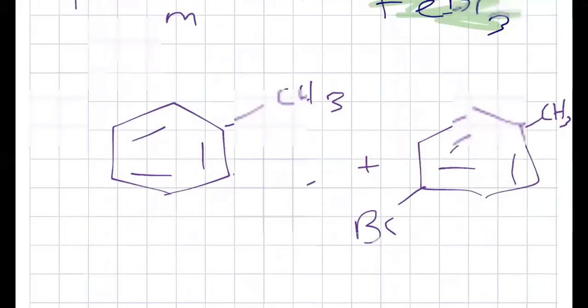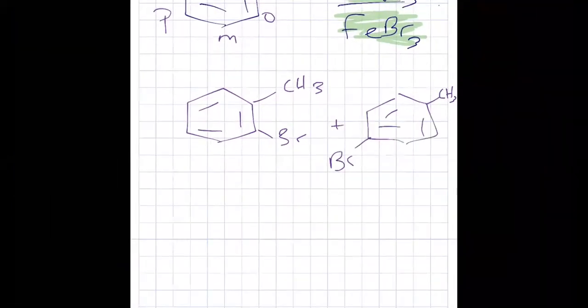It's less sterically hindered than the ortho product. More than likely, the para product is going to be present in a higher amount. Is that making sense? Yeah. All right. Yeah, it does now. I just want to make sure we're all on the same page.